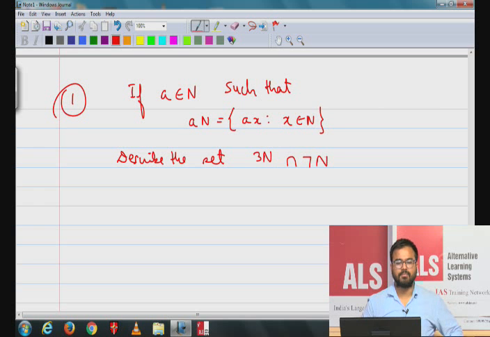A is a natural number, such that An is equal to the set of all Ax such that x belongs to the natural numbers. So how would you describe the set 3n intersection 7n?